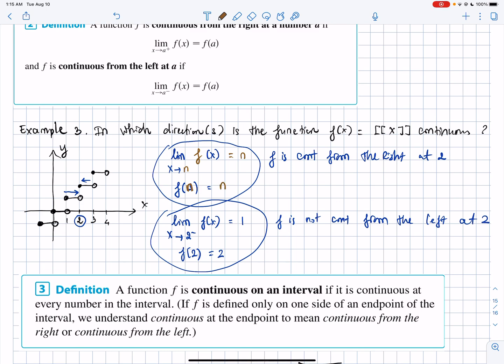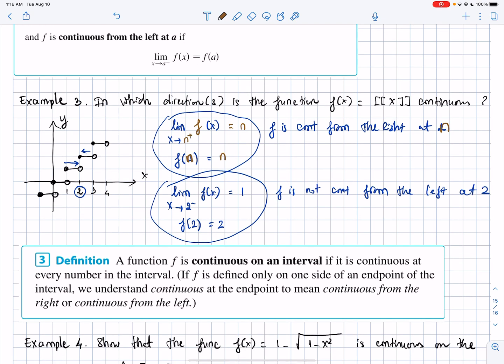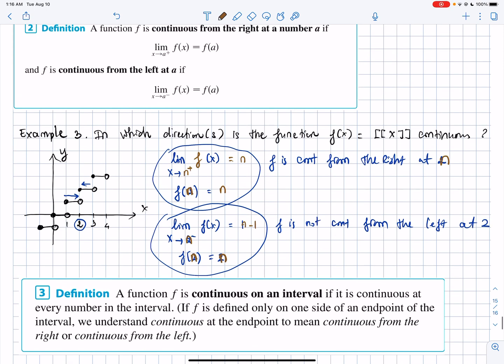Then we say that f is continuous from the right at n. When we go from the left-hand side of the integer, the limit of f of x approaches n minus 1, and f of n is equal to n. So they're not the same. So we can say that the function f is not continuous from the left side at n.